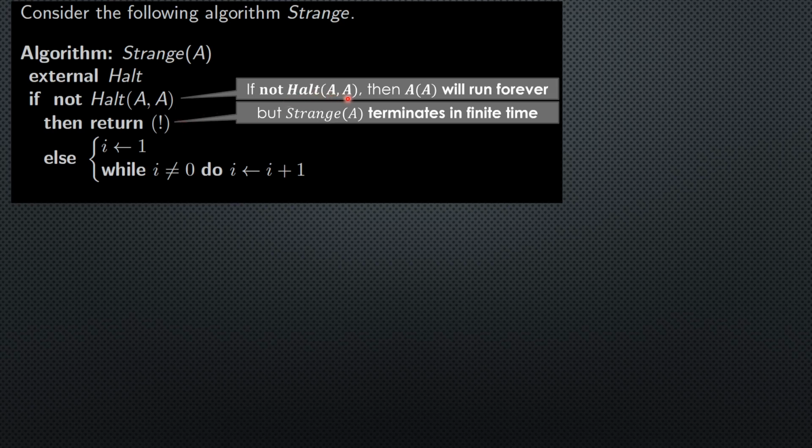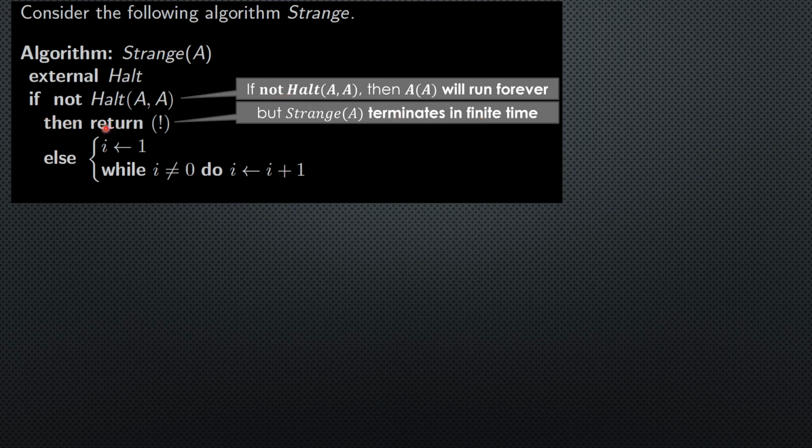Okay, so strange of A will terminate in finite time. If A of A runs forever, then strange of A terminates in finite time. Why is it finite? Because our halt call runs in finite time. Yeah. Okay, but what about the else case?